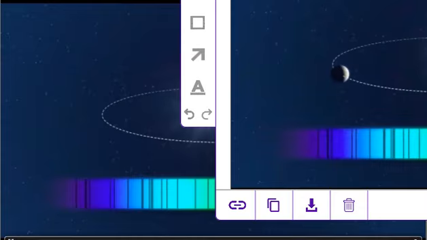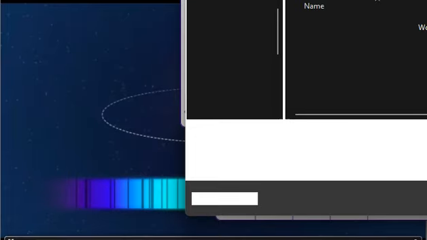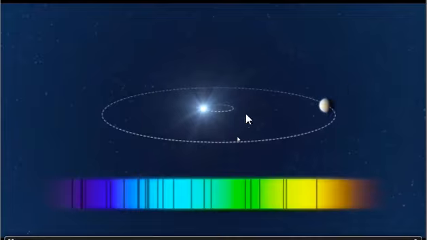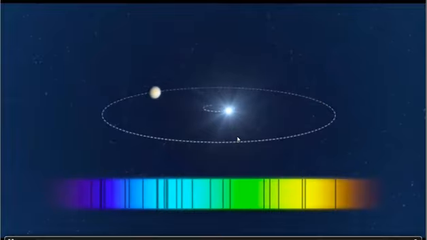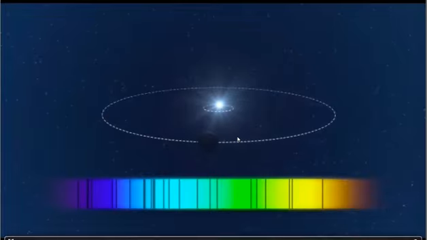So astronomers will point telescopes to stars and collect the light, and the light is sent to a spectrograph. The spectrograph disperses the light and we see a spectrum like this. The spectrum is shown at the bottom here, like this rainbow of colors. Now you can see some lines made by atoms, by chemical elements that are present on the star.